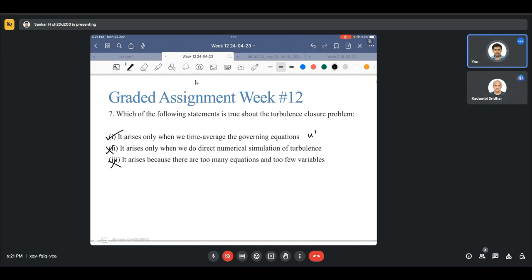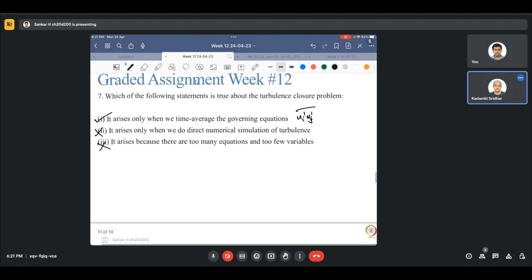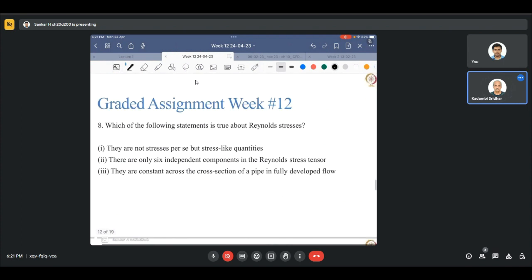Then moving on to the last question for the graded assignments. The units of kinetic energy dissipation rate are, this is epsilon, which is given by nu times dou u by dou xn times dou u prime by dou xn. Here xn is the coordinate in that axis.